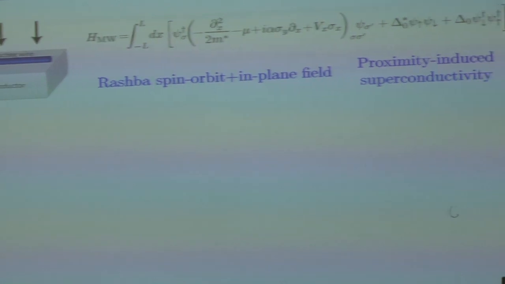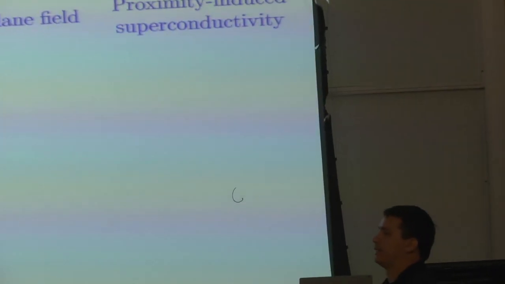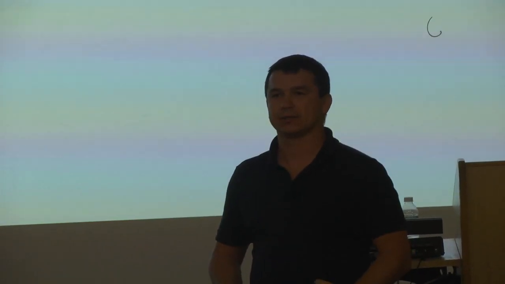And then if you place this semiconducting wire in intimate contact with a superconductor, electrons can tunnel into the superconductor only in pairs, because the superconductor penalizes single-particle excitations.